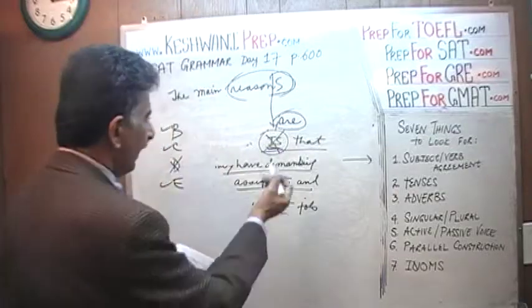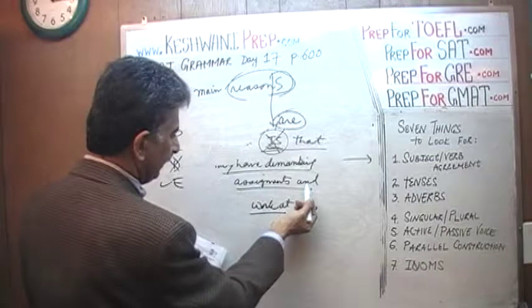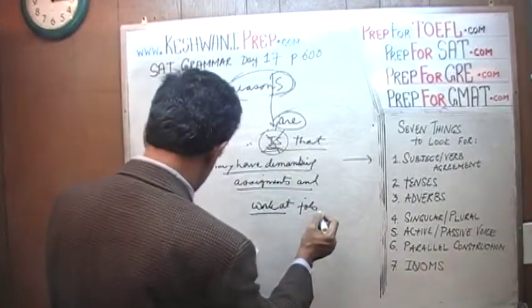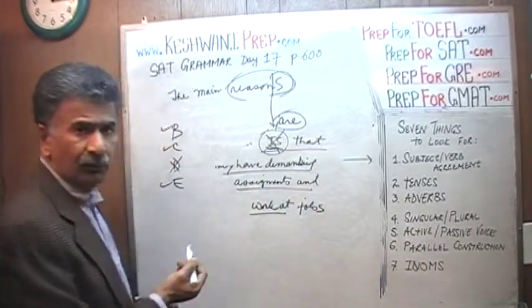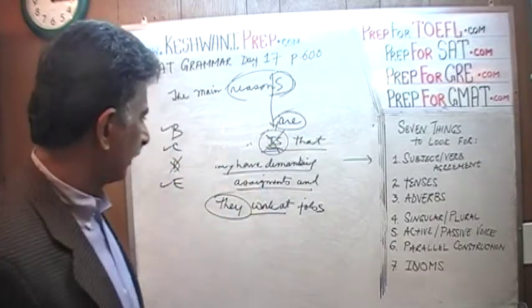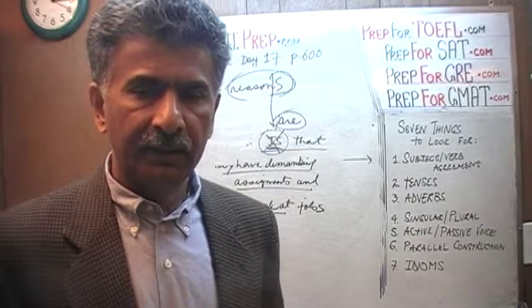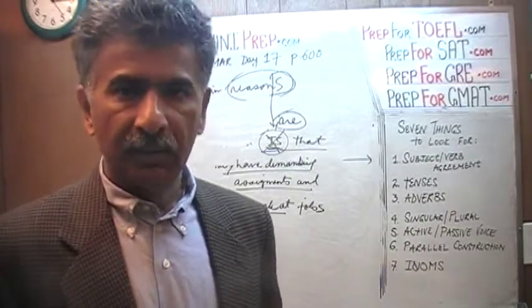The main reasons are that they have demanding assignments and what? And work at jobs. Who works at jobs? The students, they. The main reasons are that they have demanding assignments and they work at jobs.